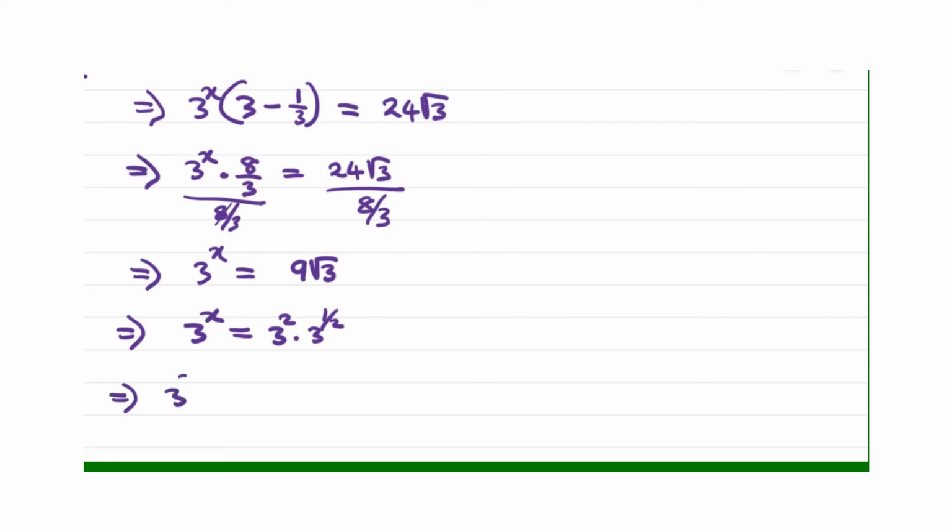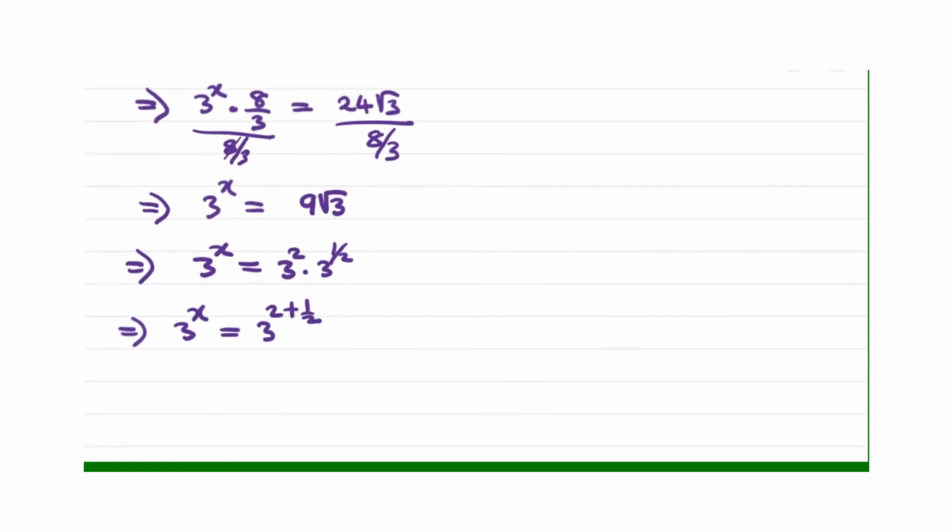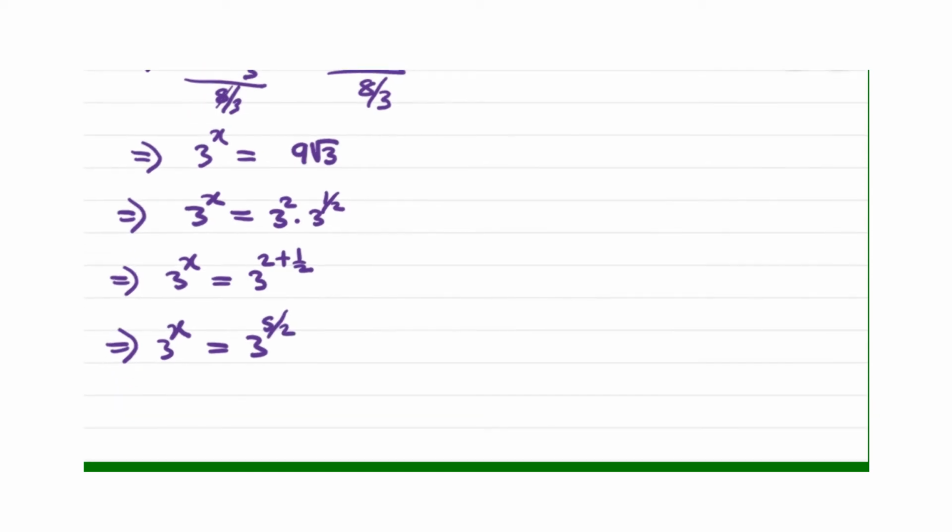Therefore 3 to the power x is equal to 3 to the power 2 plus half. You add the exponents. It gives you 5 over 2. Therefore, the bases are the same, therefore the exponents must be the same, which means your x must be equal to 5 over 2.